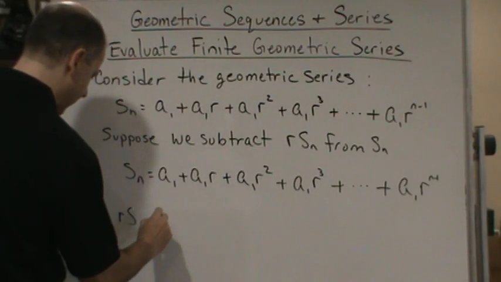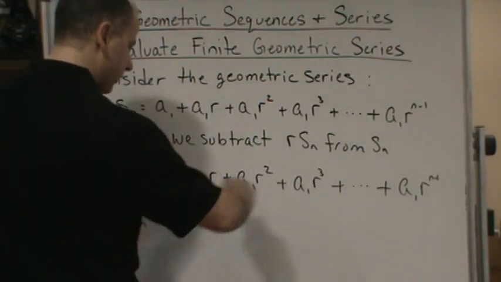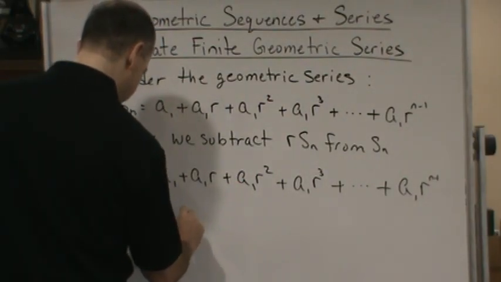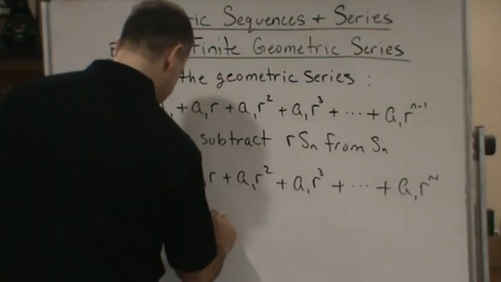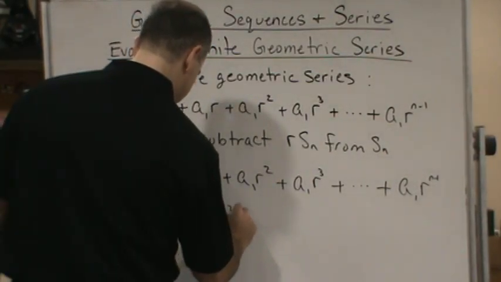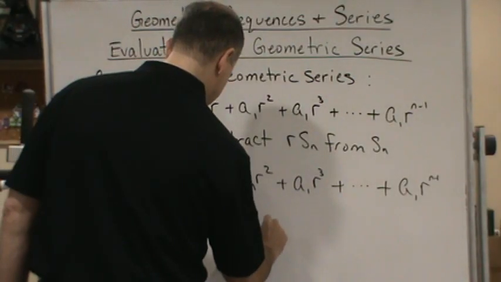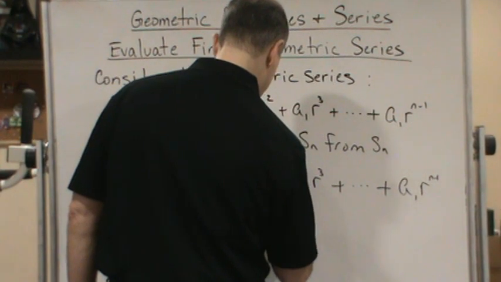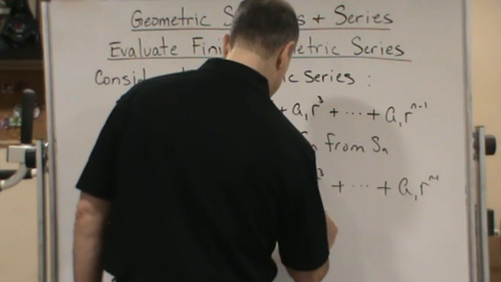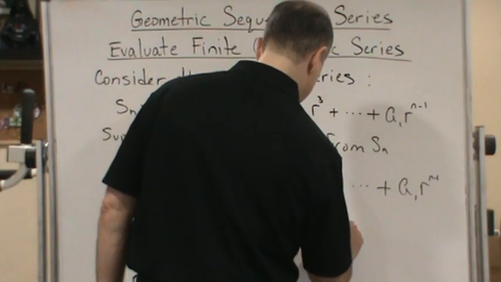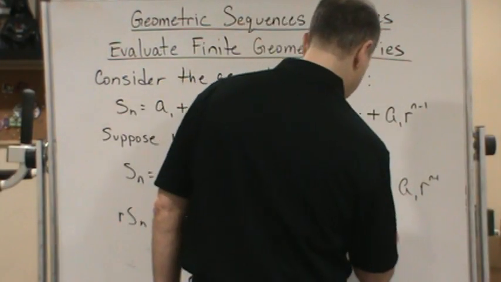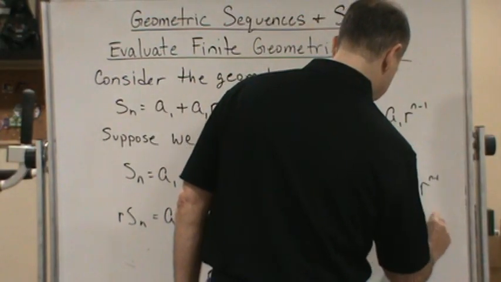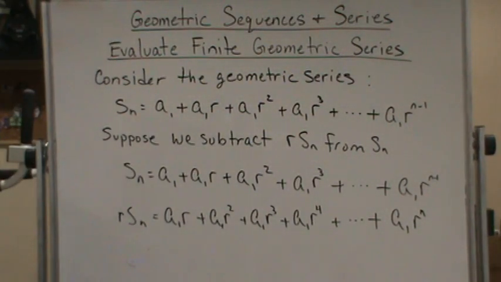R times S sub n is just the same thing, but multiplied through by r. So we get a1 r plus a1 r squared plus a1 r cubed plus a1 r to the fourth plus dot dot dot plus a1 r to the n.